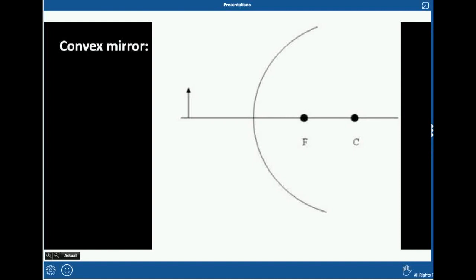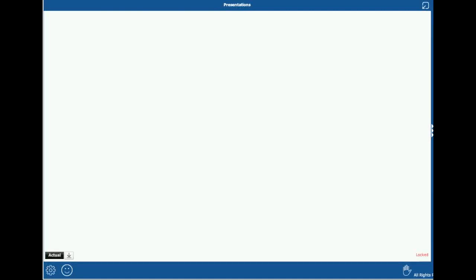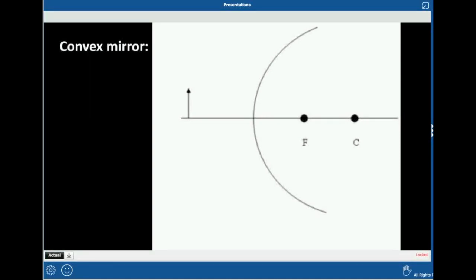This would be like a reflecting ball in a garden, or the back of your spoon. A spoon is a really great way to test a convex and concave mirror because the part of the spoon where you put your food in, that you can hold up and it looks like a concave mirror. And then if you flip it backwards, that's a convex mirror.